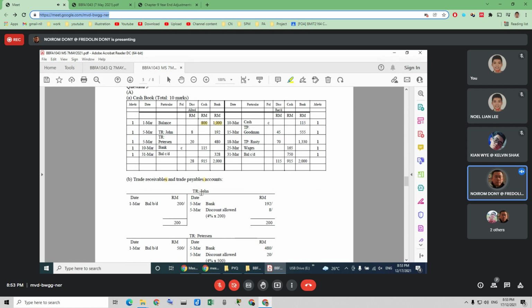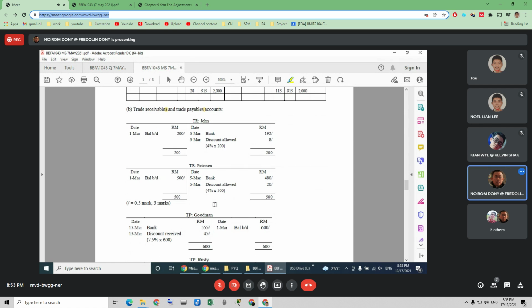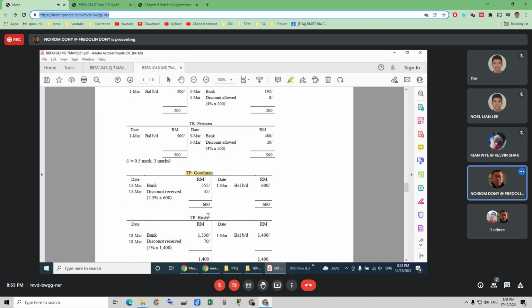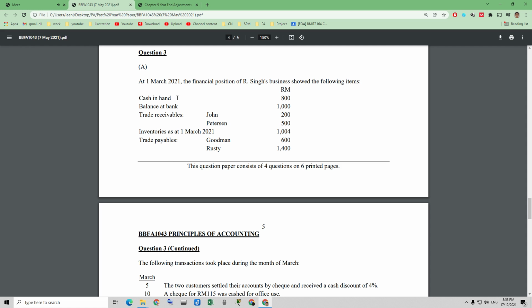So trade receivable John, trade receivable Peterson. And then if you look at the trade payables, you have Goodman and Rusty, so trade payable Goodman and trade payable Rusty.